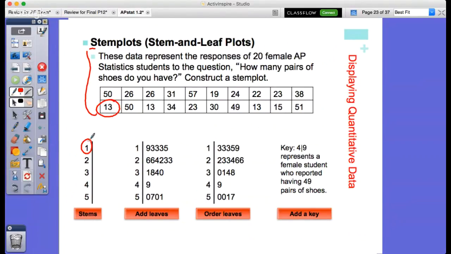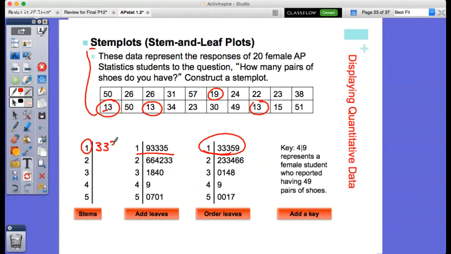I would put the first digit, which is 1, right here. And then the second one I would put, again, from least to greatest. So they kind of went here, but really it needs to go to the next step where the 3 will follow. So that represents 13. So for every 13, you would put a 3, okay? And then 19, I think there's another 13 here.